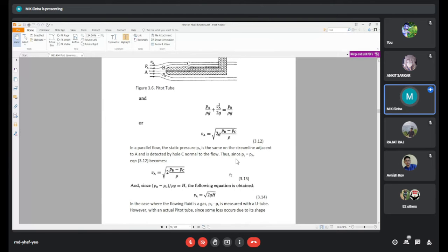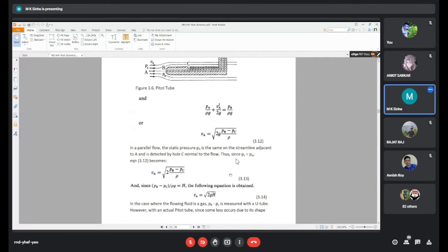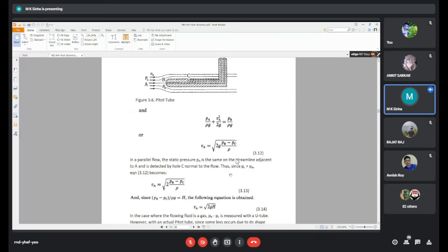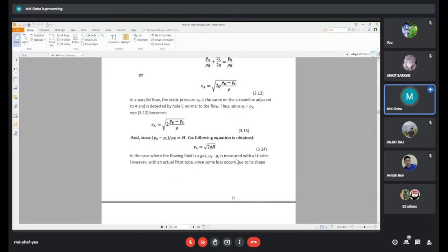So PA is also this, and PB minus PC by rho g, and VA equals the root under 2gh. In case where the flowing fluid is a gas, PB and PC is measured with the U tube.